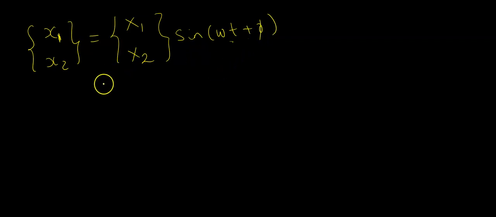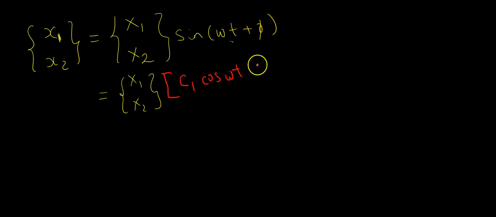But for multi-degree of freedom systems, when we're using the initial conditions, the way we want to represent that is with its equivalent form, which is that this sine(omega t plus phi) term can be represented as a constant c1 cos omega t plus c2 sine omega t.